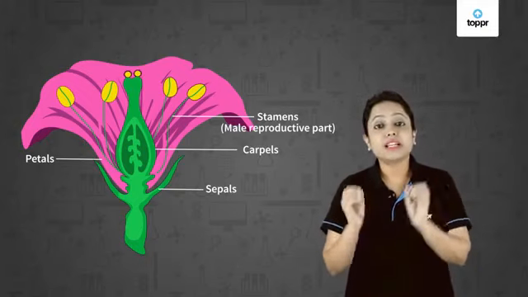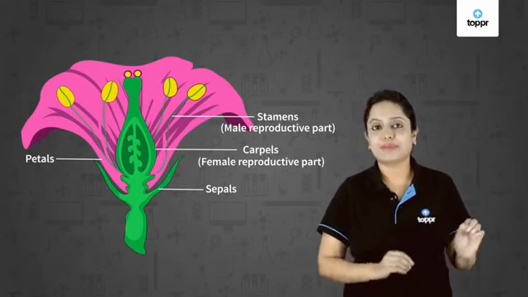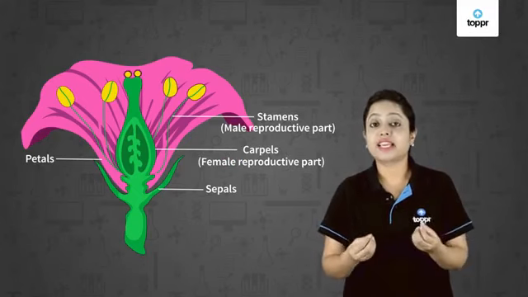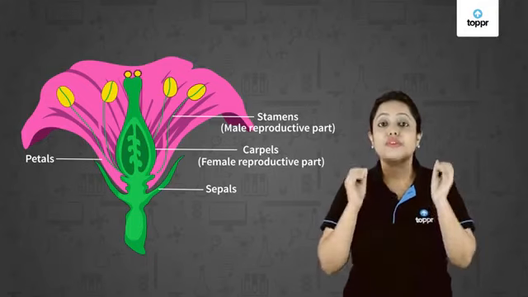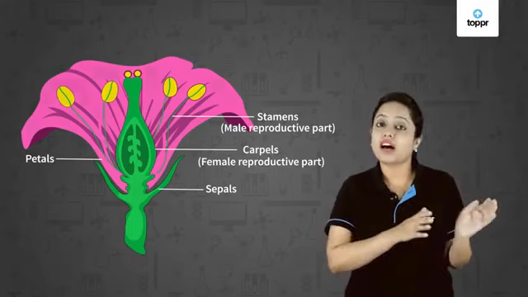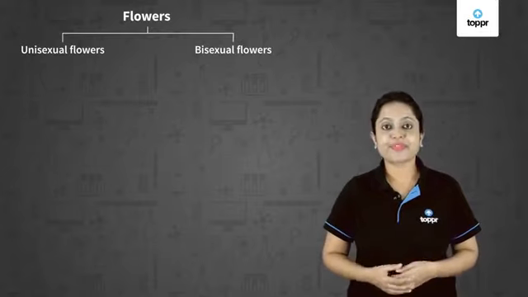Stamens are the male reproductive parts, while carpels are the female reproductive parts. They contain germ cells. On the basis of the presence of reproductive parts in the flowers, flowers can be divided into two types: unisexual flowers and bisexual flowers.